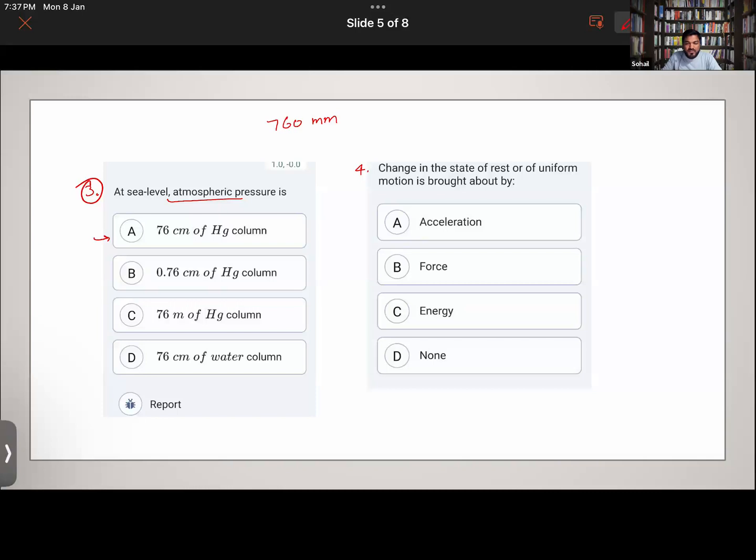Converted to centimeter, we know that 10 millimeter is equal to 1 centimeter. So 760 millimeter will be 76 centimeter. Simply we have divided it by 10. Getting it now, Ahmed, Arhan, and Aram? Yes, so option A is the correct one, not 0.76. Take it now. Remaining answers were correct.